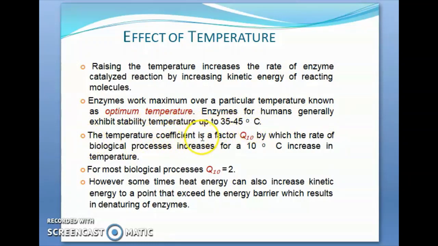The temperature coefficient is a factor, Q10, by which the rate of a biological process increases for a 10 degrees Celsius increase in temperature. For most biological processes, Q10 is equal to 2. However, sometimes heat energy can also increase kinetic energy to a point that exceeds the energy barrier, which results in denaturing the enzyme.